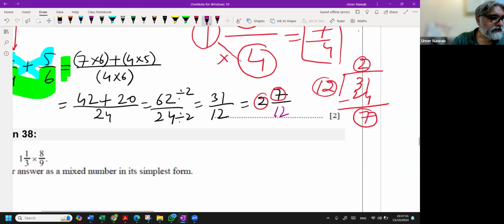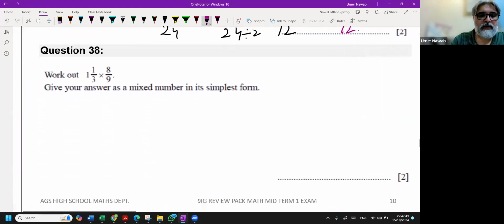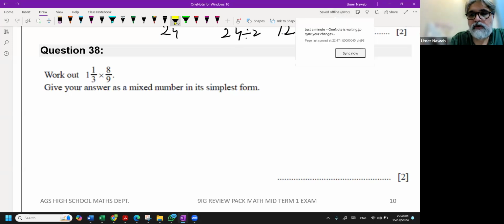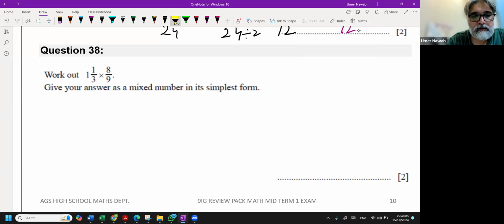that's the final answer. Next, I have a multiplication sign. As you can see, we have a multiplication sign. At first, I would suggest you to convert your number from the mixed form to the improper form.